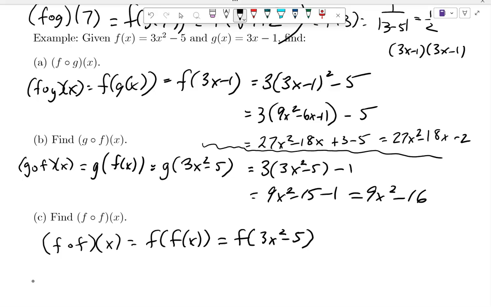So what is that going to look like when you plug that into f? 3 times 3x squared minus 5, squared, minus 5. Good. And I'm not going to take the time to multiply that out, but this is what you get, right? We're going to go back to the original f, the 3x squared minus 5, and plug in 3x squared minus 5 where the x is.